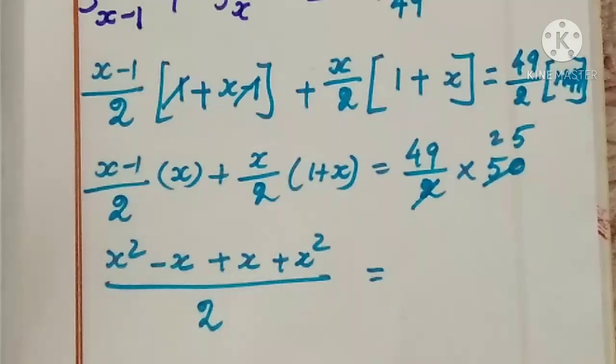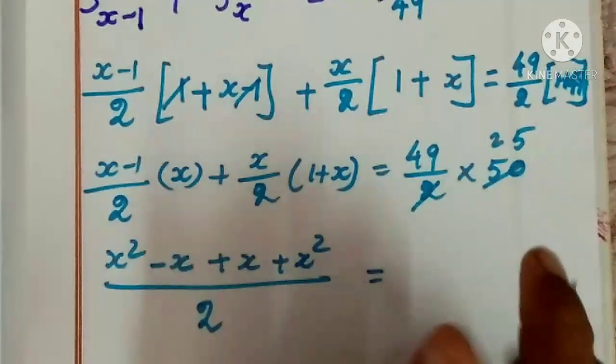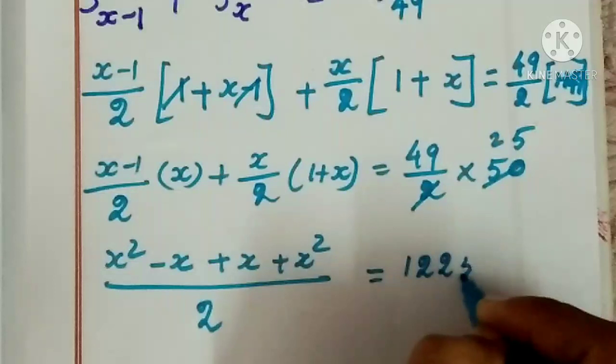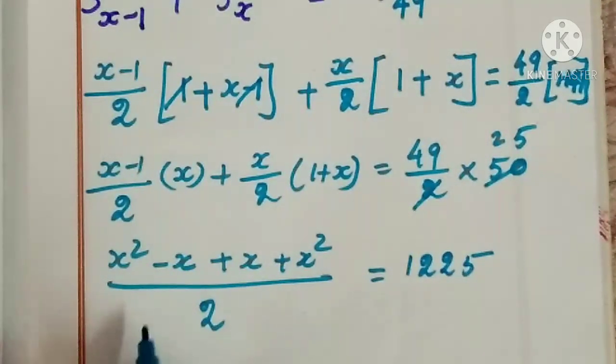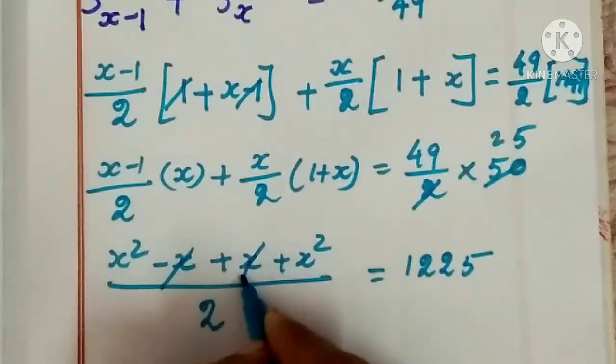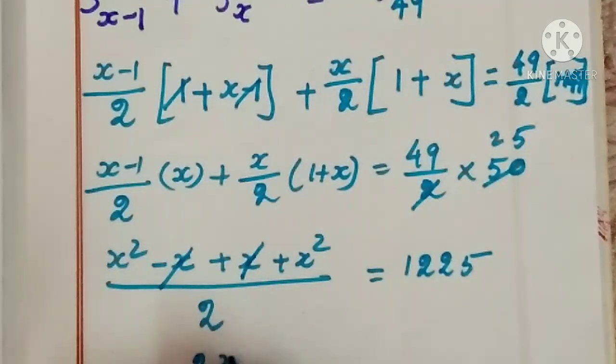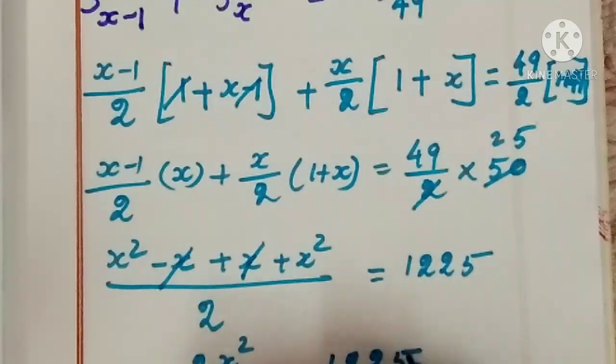Now, you have to multiply 49 into 25, which means we get 1225, which is equal to, here minus x plus x cancel, then x squared plus x squared we get 2x squared by 2 is equal to 1225.